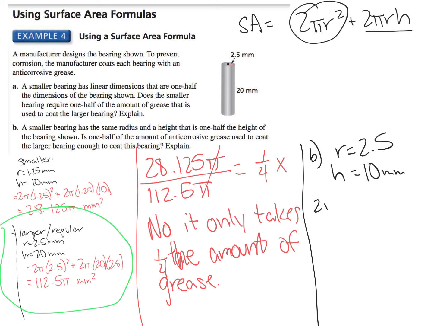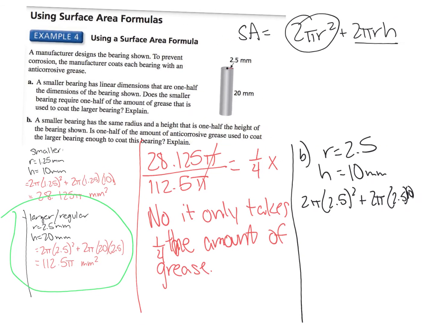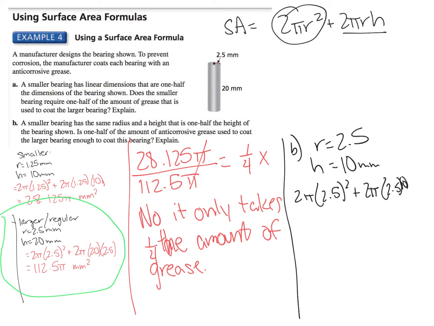That is 2 pi 2.5 squared plus 2 pi 2.5 times 10. I'm running out of room. That may get cut off, sorry. Let's see if I can get it to fit in. There we go. So that's a really squished 10. Once you push that through your calculator, you'll get 62.5 pi millimeters squared.